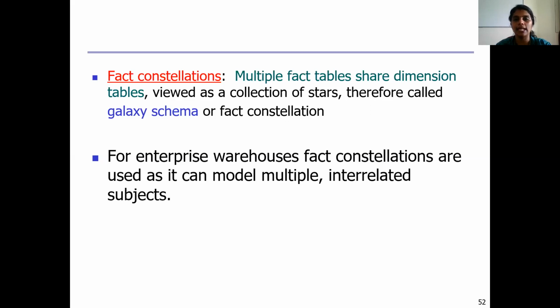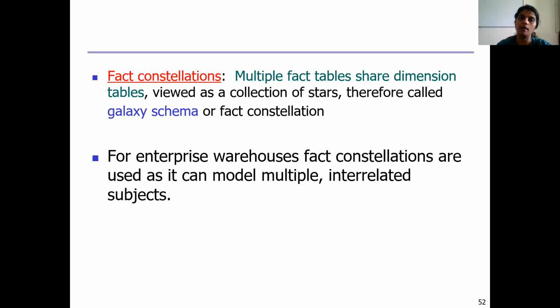So when there is data spanning the entire organization, you will be having multiple fact tables to be represented, right? When it comes to data marts, it's restricted to a particular subject. It's a subset of the enterprise data warehouse. So data marts are represented using either star schema or snowflake schema. More commonly, we will be using star schema.